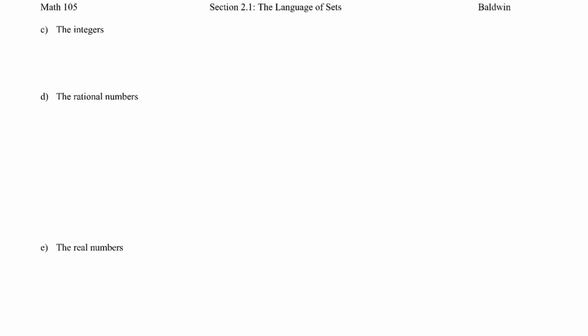The next set we have are the integers. So with our integers, when we're listing those, this book uses a capital I. And our integers are the whole numbers and negative values.